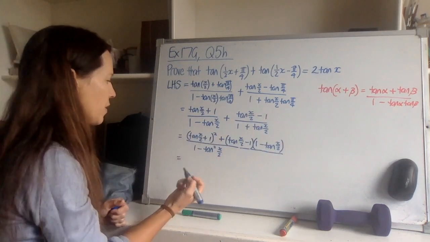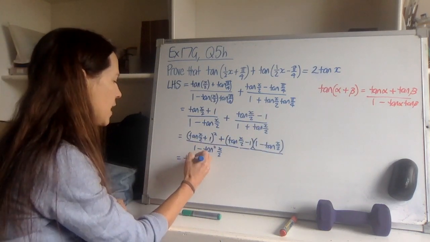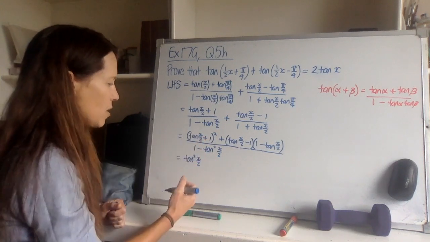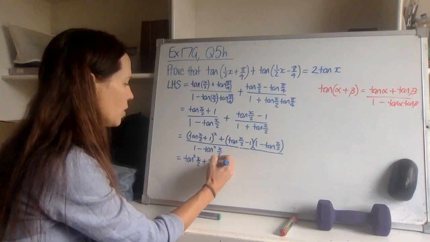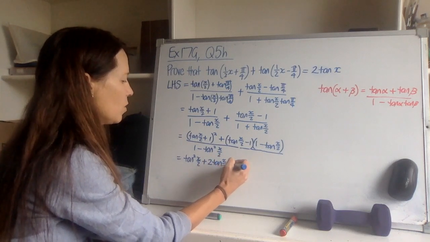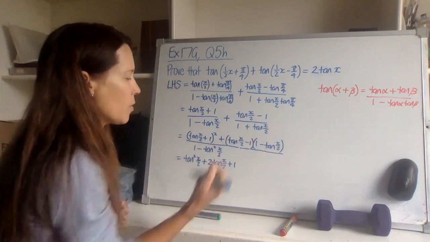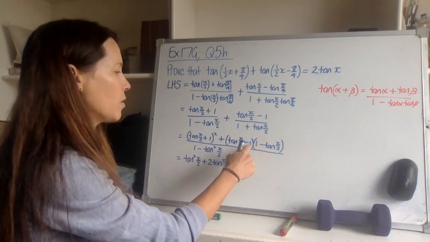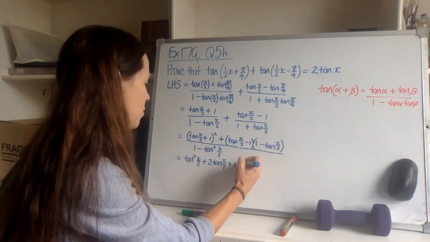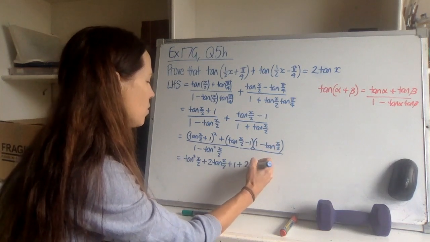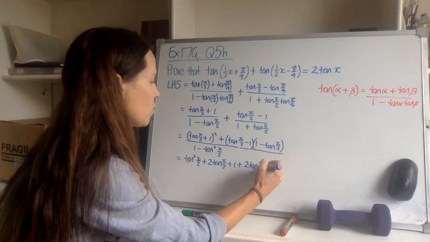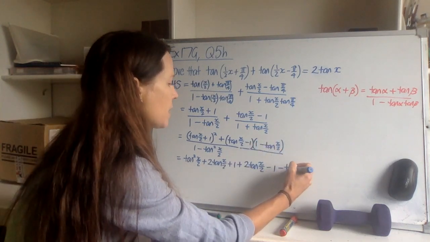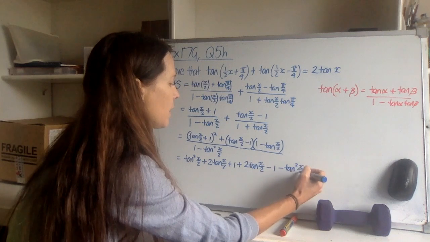Now, expanding all of this out carefully, we have tan squared x on 2. We need to double the multiplication of these two terms, which is 2 tan x on 2 plus 1. And now over here, we've got tan of x on 2, and we've got another tan of x on 2. So we've got plus 2 tan x on 2, and then minus 1, and we've got minus tan squared x on 2.